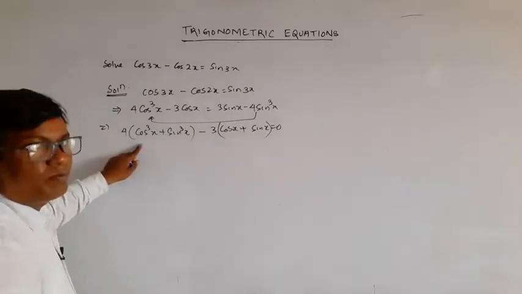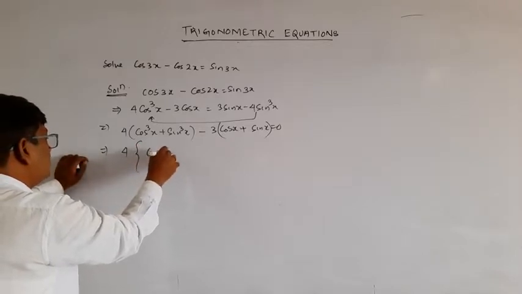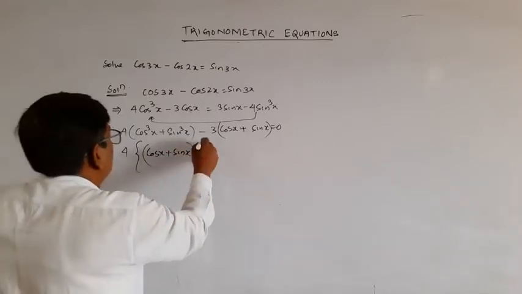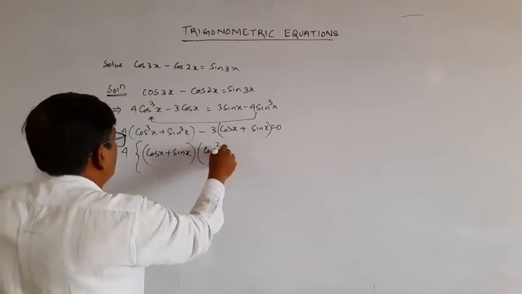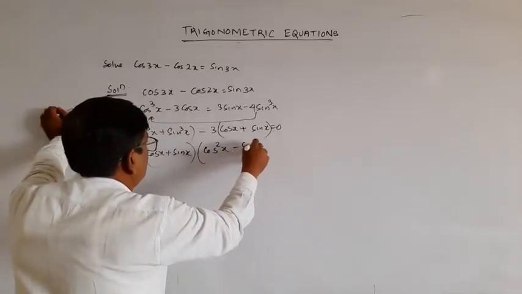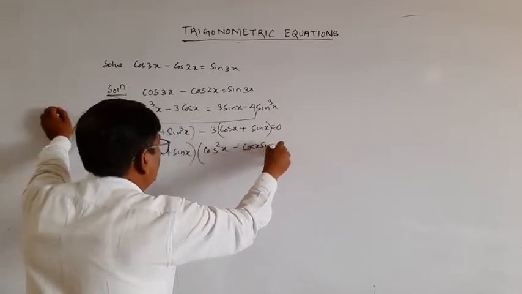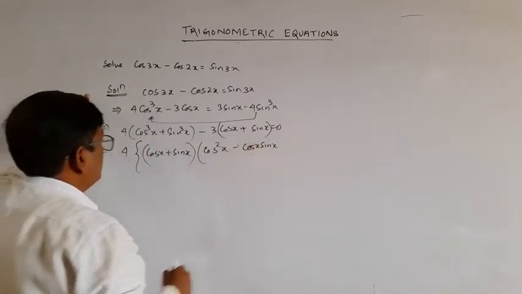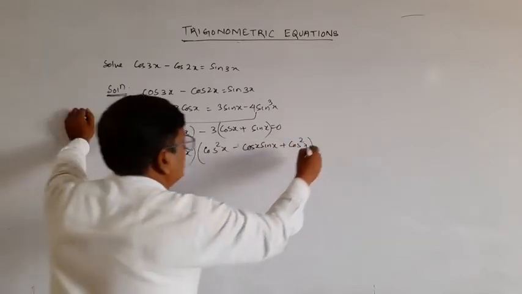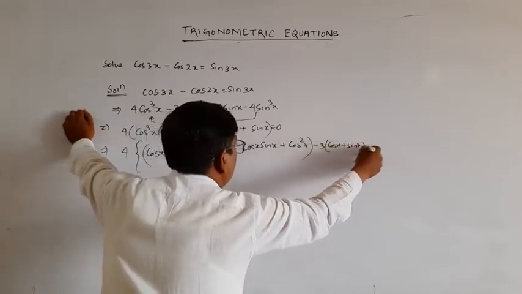So apply the a cube plus b cube formula. So 4 into (a plus b), that is cos x plus sin x, into (cos square x minus cos x into sin x plus sin square x) minus 3 into (cos x plus sin x) is equal to 0.